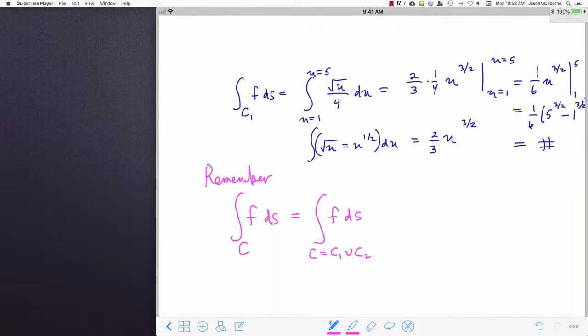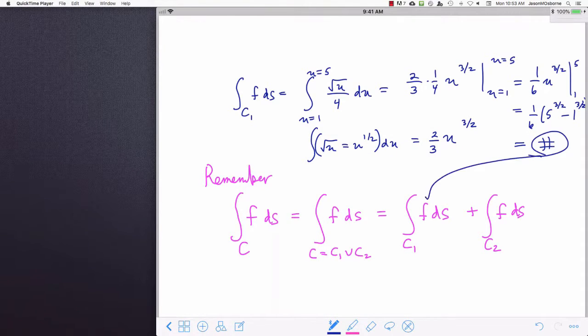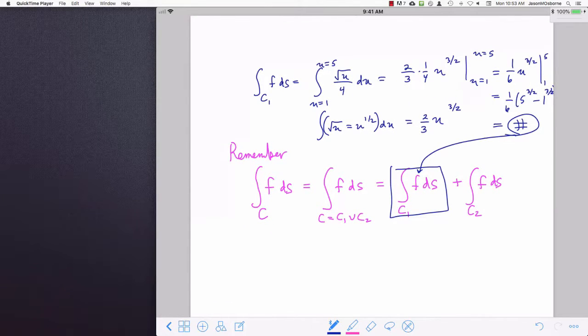We've done the first part, that is the number we just found. Now we need to add that to the second part. The second part of the curve was integrating along the line from 1, 1 to 0, 0.